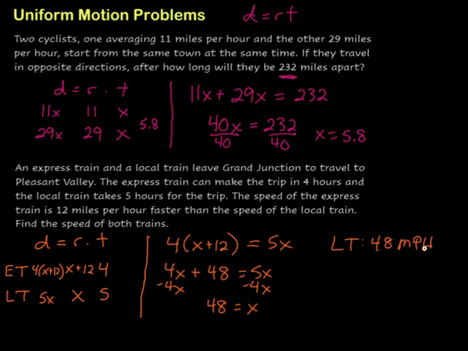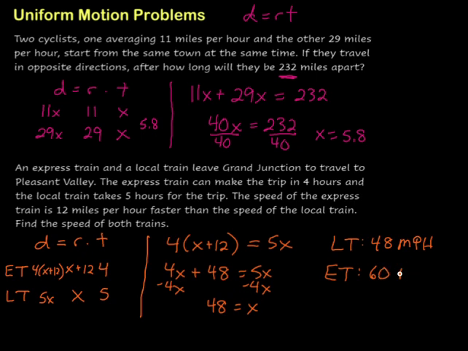Then the express train, well, do we have something in terms of x? Yep, right here. Now we know that x is 48, and the express train is going 12 miles per hour faster. So 48 plus 12 gets us 60 miles per hour.